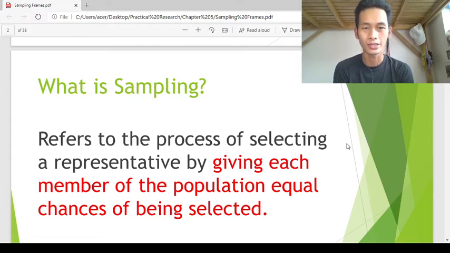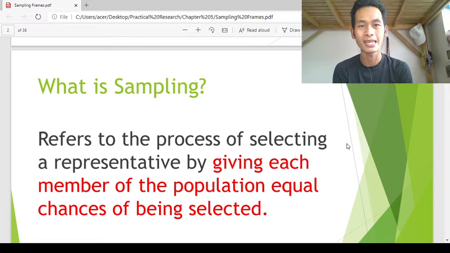It's very hard to distribute questionnaire checklists to the entire population. That is why researchers apply sampling, which is the process of selecting representative of the entire population by giving each member of the population equal chances of being selected.